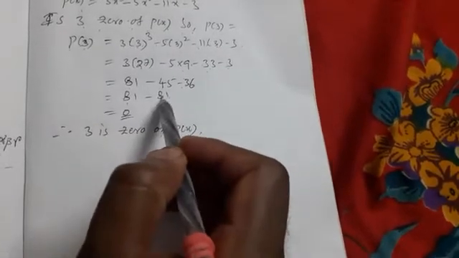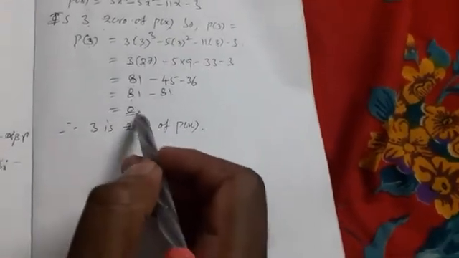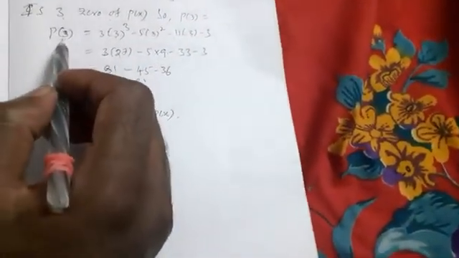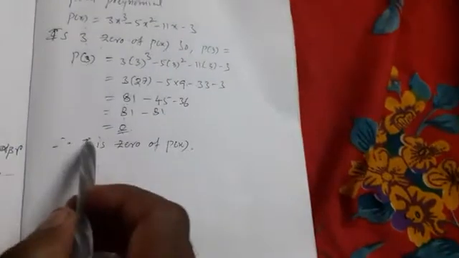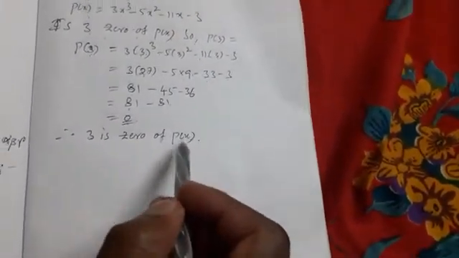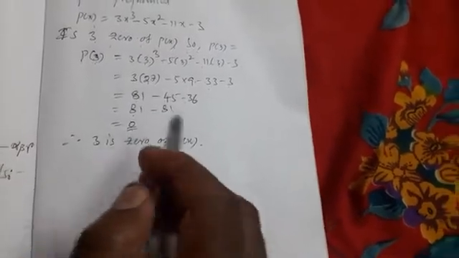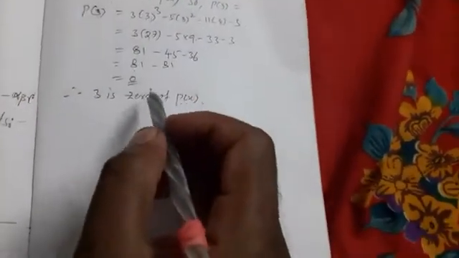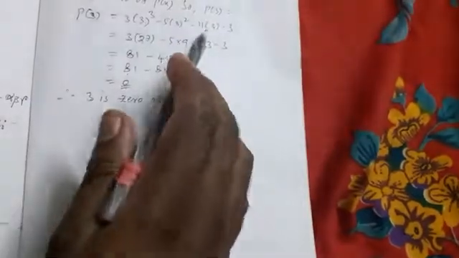Plus 81 minus 81 is 0. So we got 0 when we put x is equal to 3. So 3 is a zero of P of x. I hope you understand. We proved 3 is a zero of the cubic polynomial.